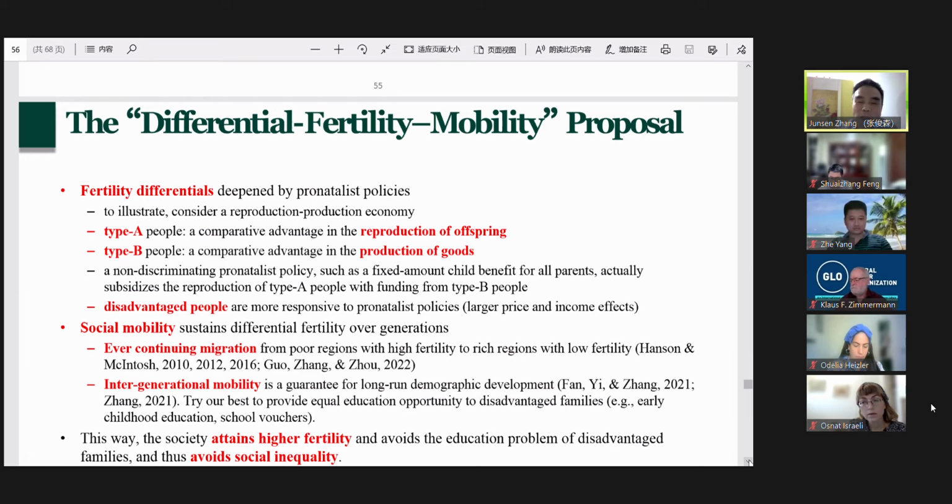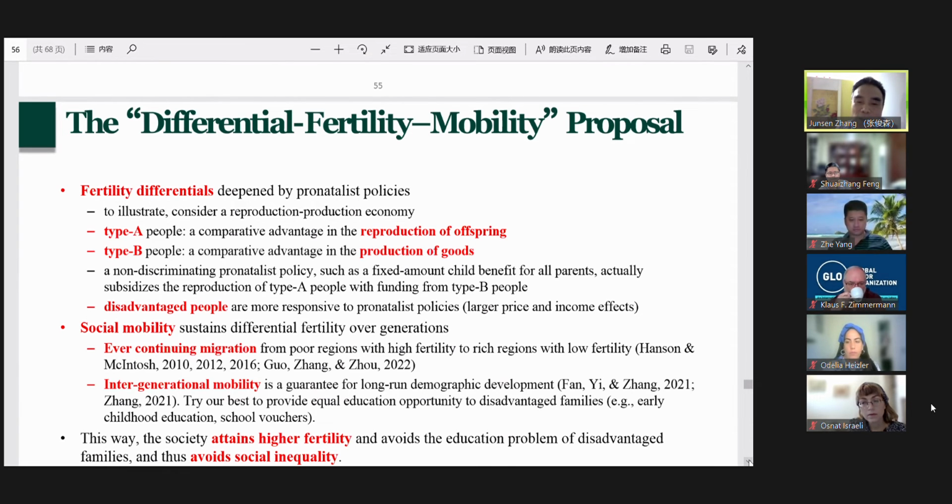Of course, there is a problem involved. If we just encourage the poor people to have a lot of children with appropriate subsidy, the society still may face another problem. The social inequality will be increasing, right?